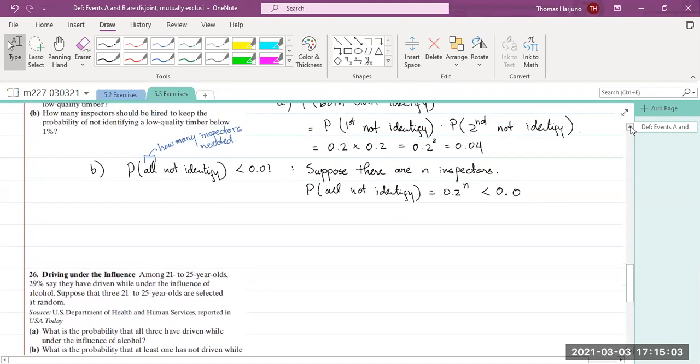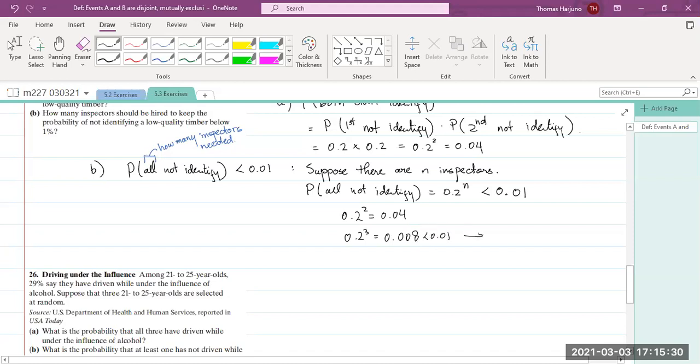So what is the n such that 0.2 to the n is less than 0.01? Now we know 0.2 squared is 0.04, right? How about 0.2 cubed? 0.2 cubed will be 0.008. I'm sorry, 0.008, which is already less than 0.01.